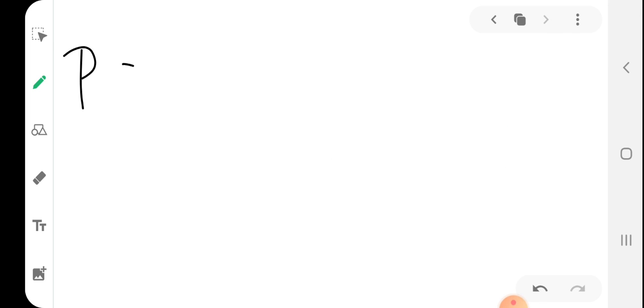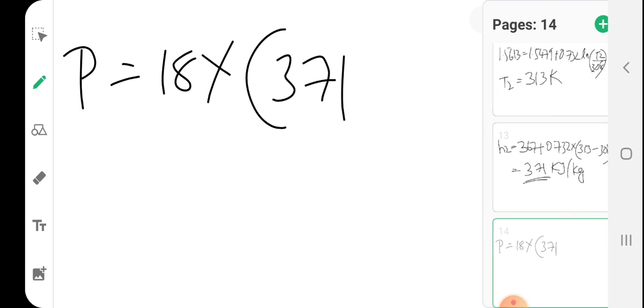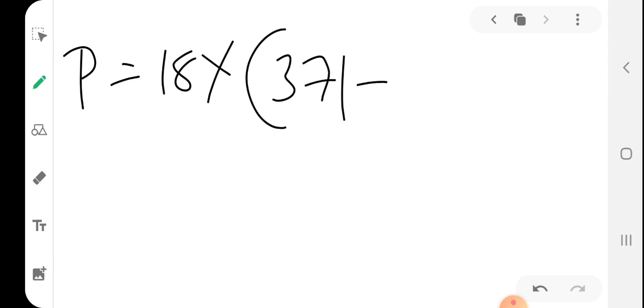So power equal to 18 into 370. Take it as 371, right? 371 minus H1, which is 350.5, right?